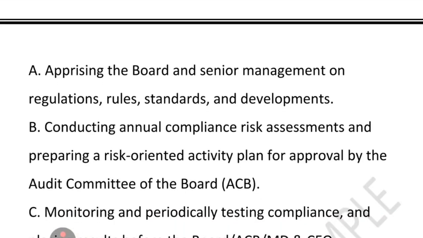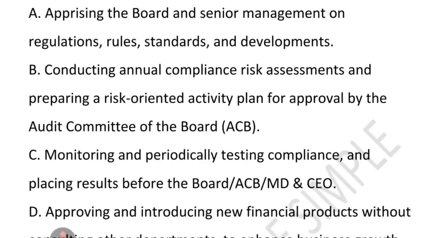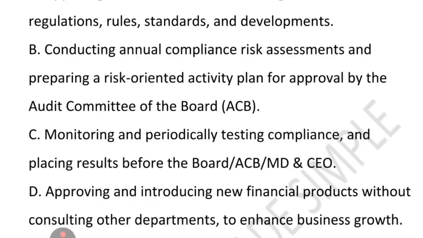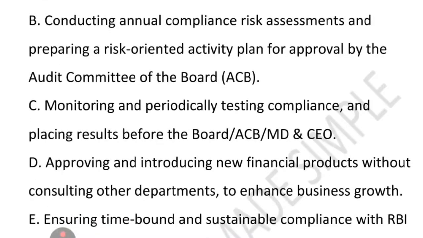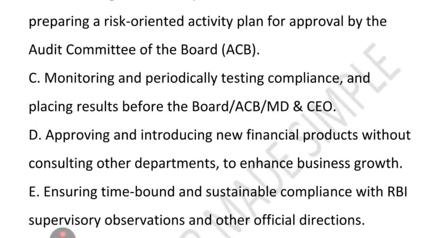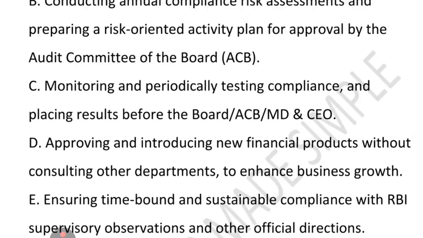Option B says, conducting an annual compliance risk assessment and preparing a risk-oriented activity plan for approval by the ACB, Audit Committee Board. Option C, monitoring and periodically testing compliance and placing results before the board. Option D, approving and introducing new financial products without consulting other departments. Option E, ensuring time-bound and sustainable compliance with RBI supervisory observations and other official directions.